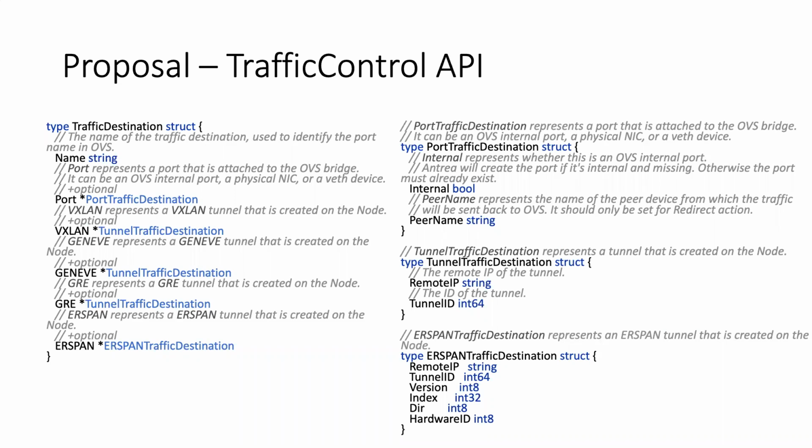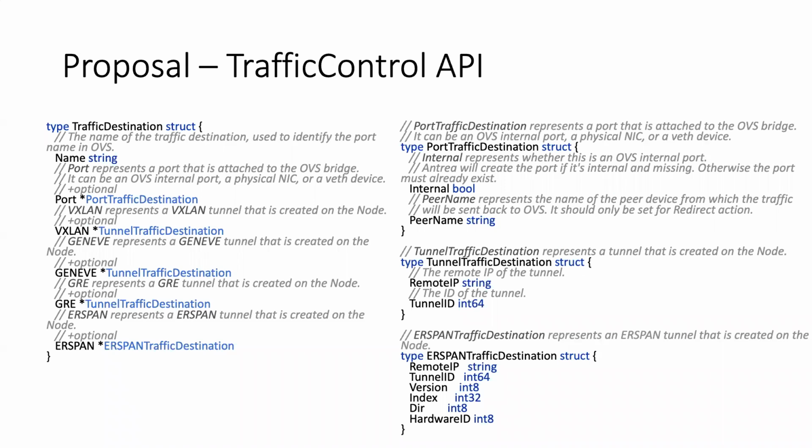But when a user wants to use it, the user will need to configure the config map and restart the Antrea agent. It's a little different from a config map describing the tunnel destination or a config map for all possible traffic destinations.